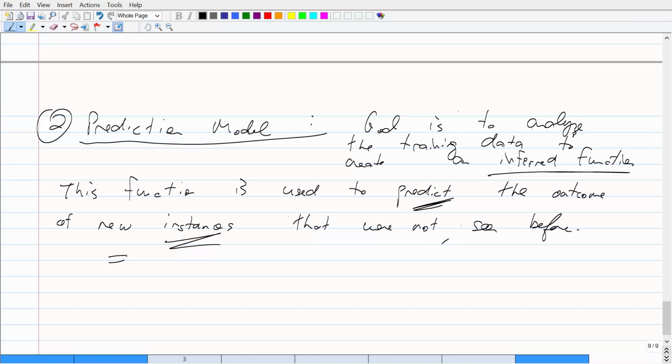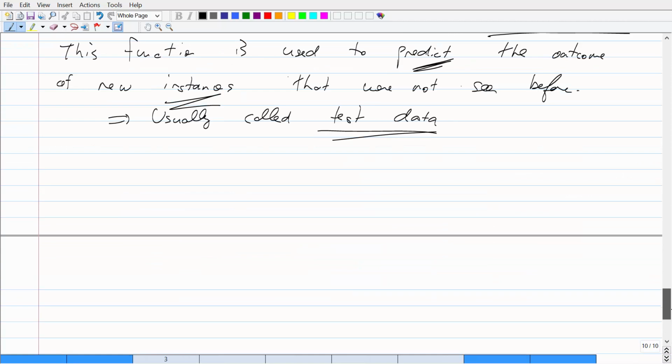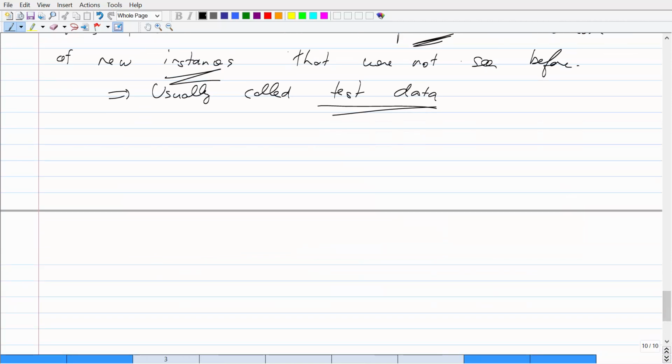This is usually called the test data. In machine learning parlance, they usually split things up into training data, the data that's used to train your model, and test data, the data that wasn't part of your model, but that you want to be sure it accurately predicts or classifies. You don't want it to be part of the actual model. You want to be sure that it generalizes.